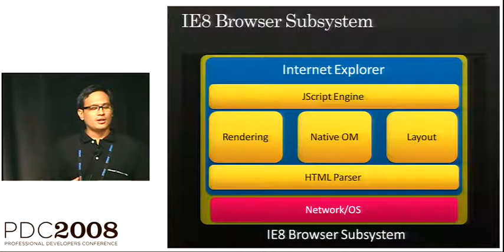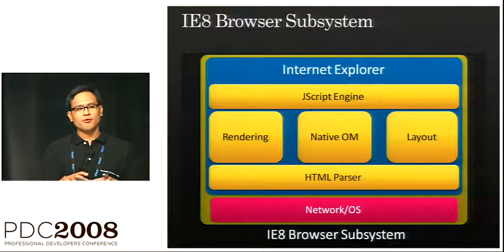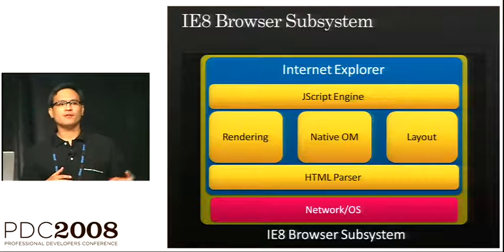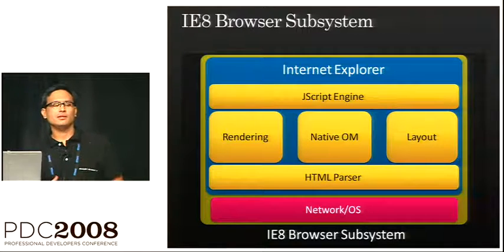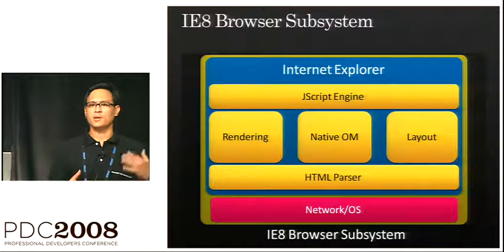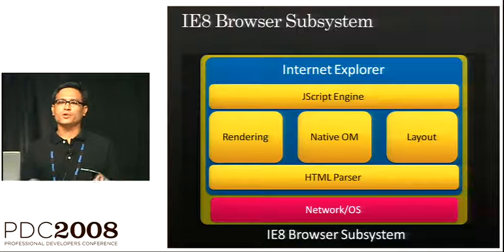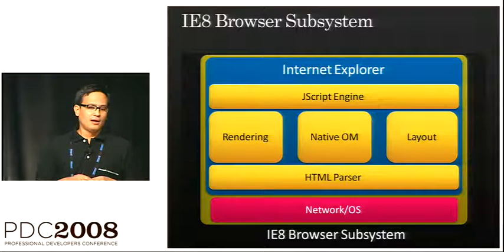The layout engine will compute the layout for various components of the DOM. And finally, we have the rendering engine, which is responsible for painting the page. The JScript engine will execute any script code in your website.